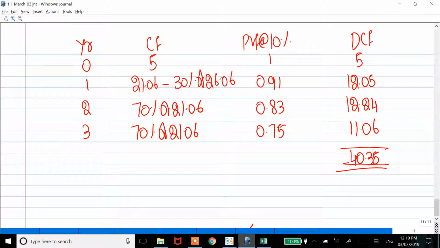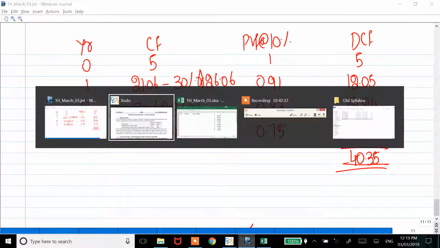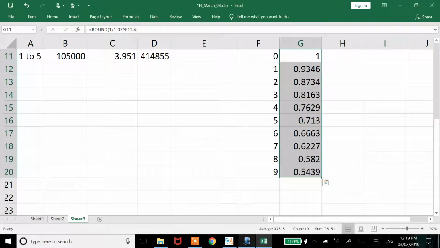We'll do the similar analysis for quote B.